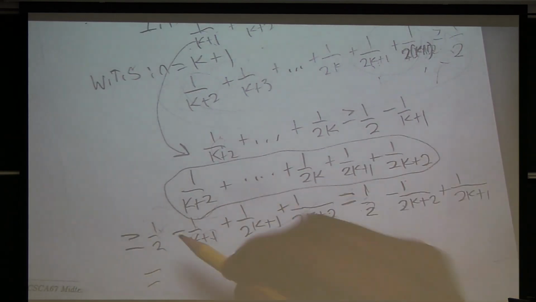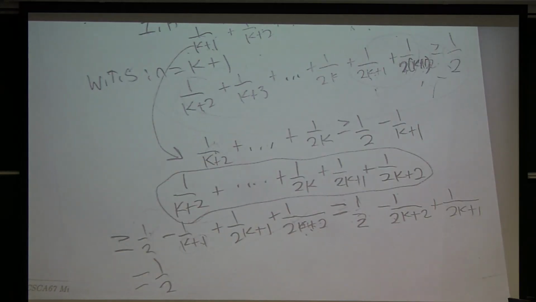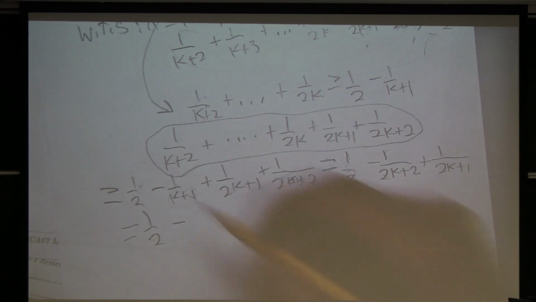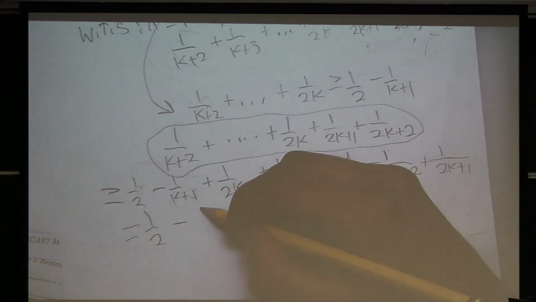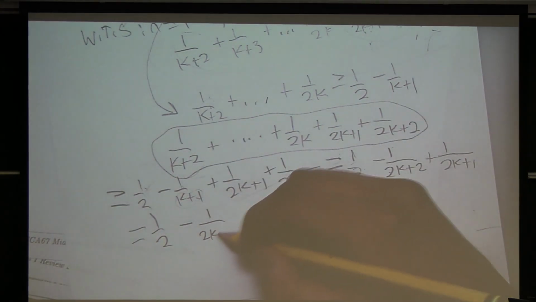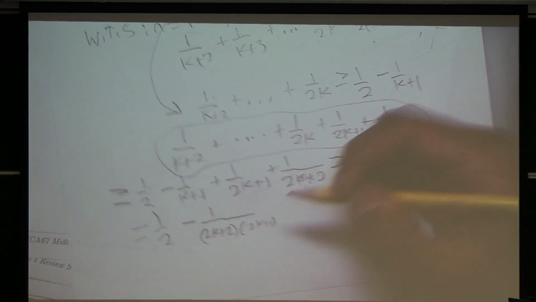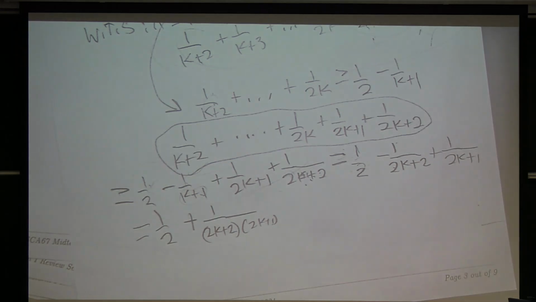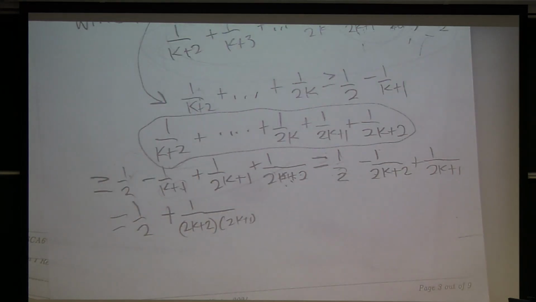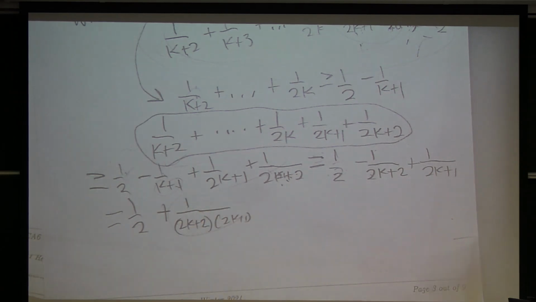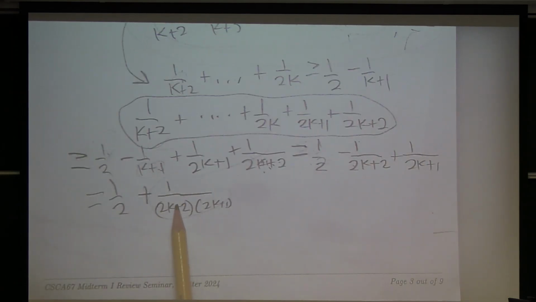This is equivalent to 1/2 minus 1 over 2k plus 2 times 2k plus 1. Oh, sorry, plus. So this term here. So does anyone have any questions on how I got this term? No. Okay.